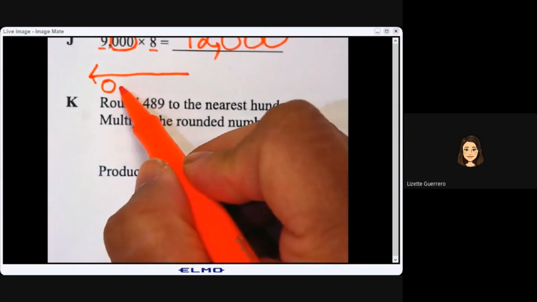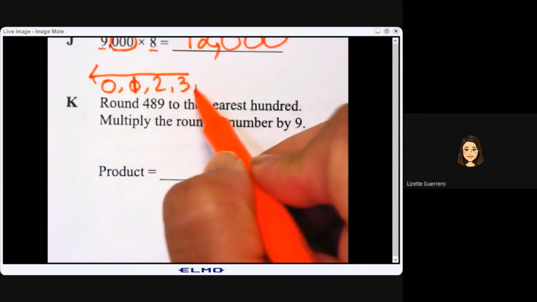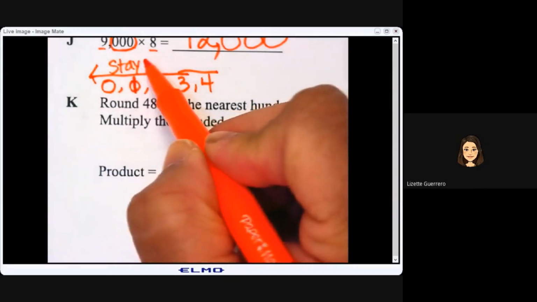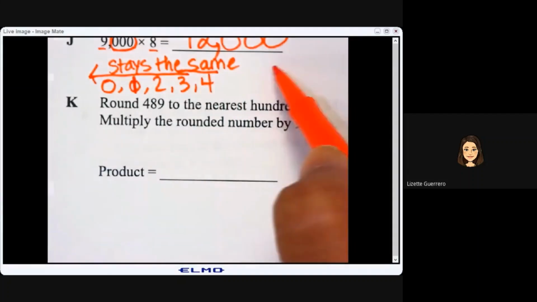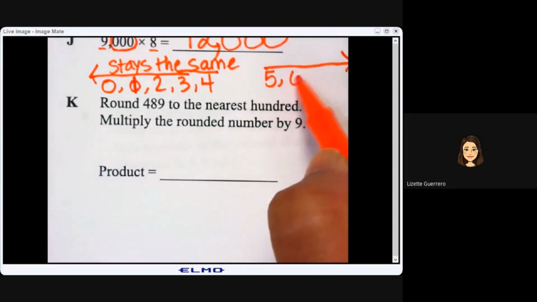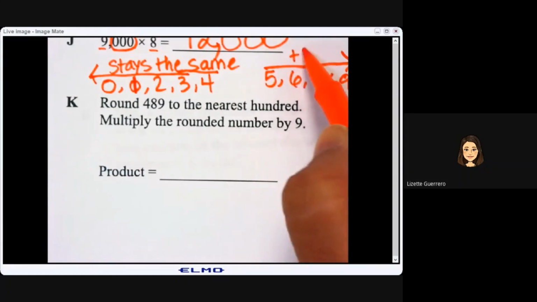So if your number is 0, 1, 2, 3, or 4, your number stays the same. If it's 5 or more, 5, 6, 7, 8, or 9, you're going to add one more.